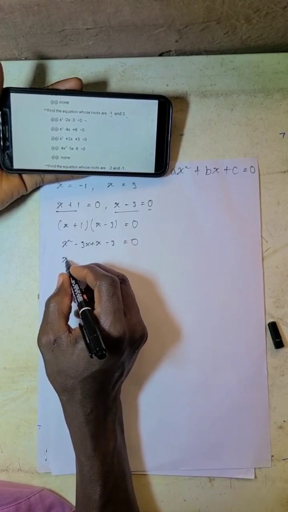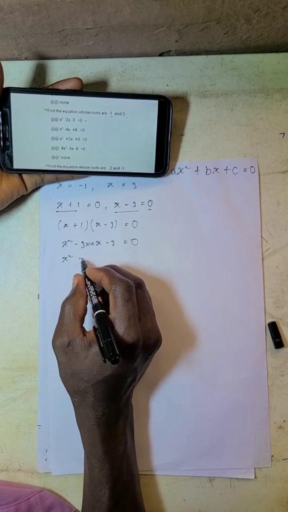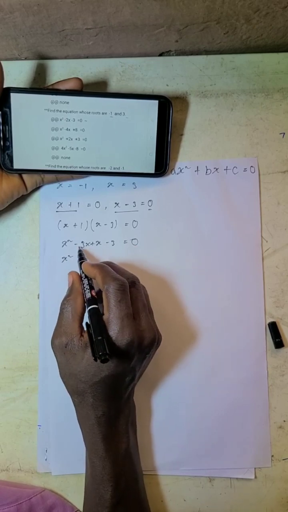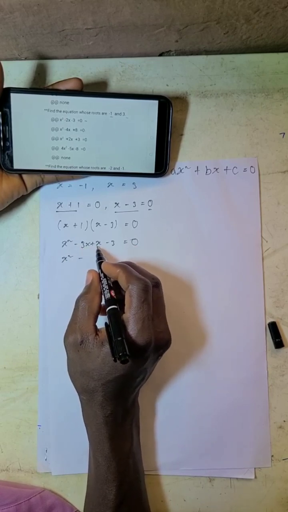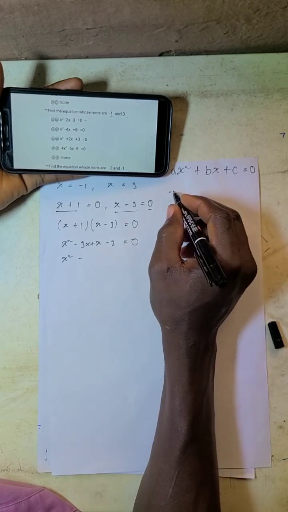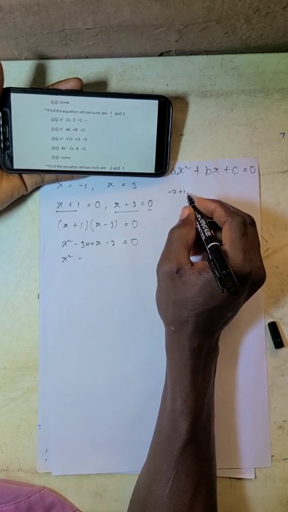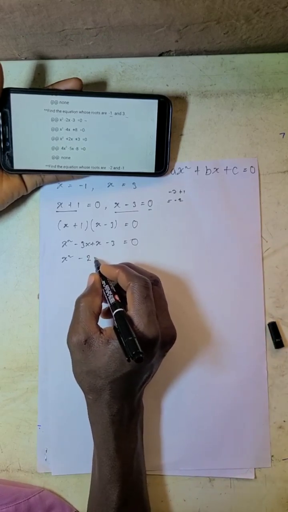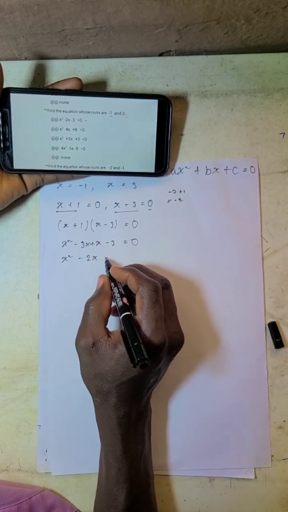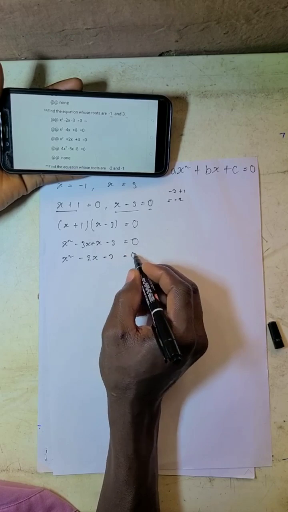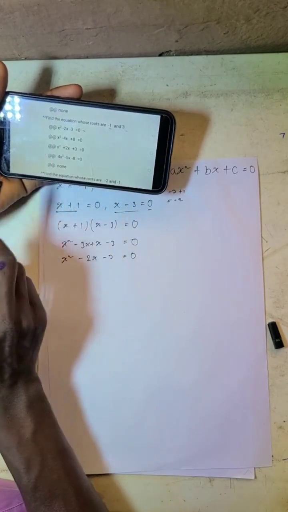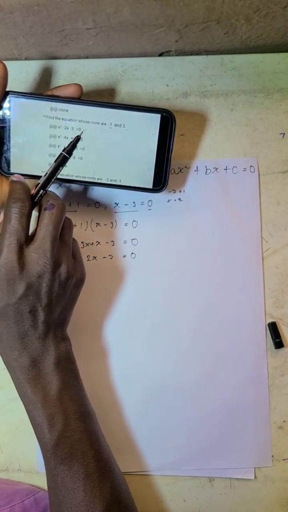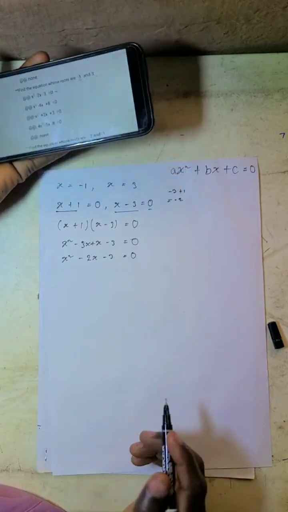So our x squared, -3x plus x is similar to -3 plus 1, which is equal to -2. You get? So we are getting -2x minus 3 is equal to 0. Look at our objective answer. So our answer is actually A, the one they ticked. You understand? So that's how to solve it.